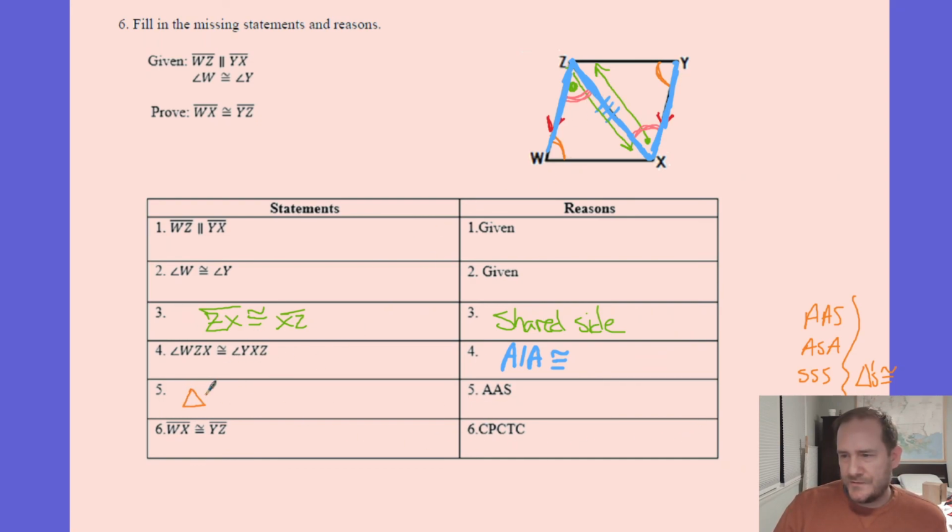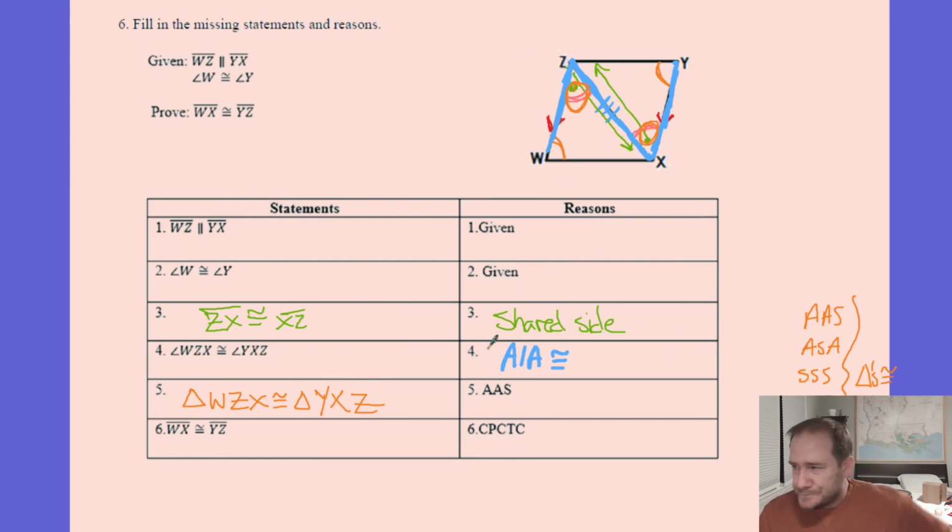You'll name the first triangle WZX, and then you'll name the second triangle. W corresponds with Y, so you definitely have to say Y first. Then we talked about how angle Z in this triangle corresponds with angle X in this triangle, so you have to say X second. So it'll be YXZ. There you go. We filled in the few blanks of this proof, and now that proof is done.